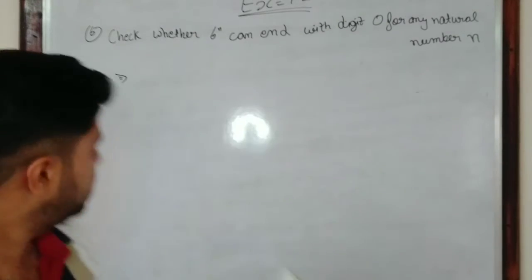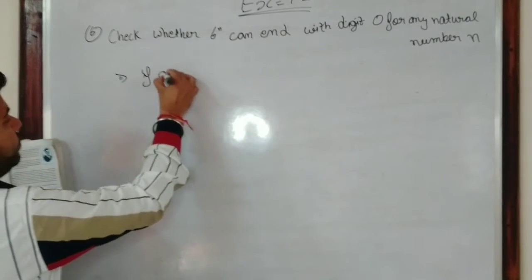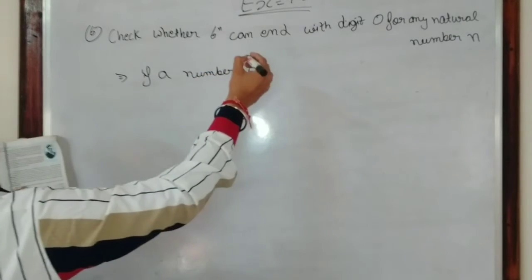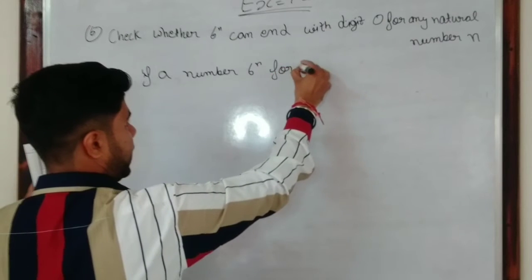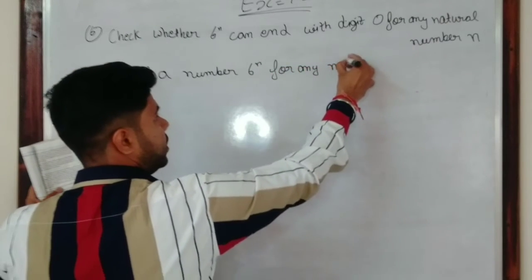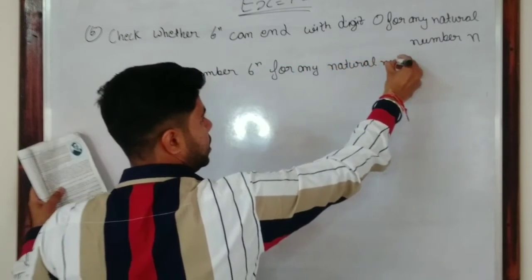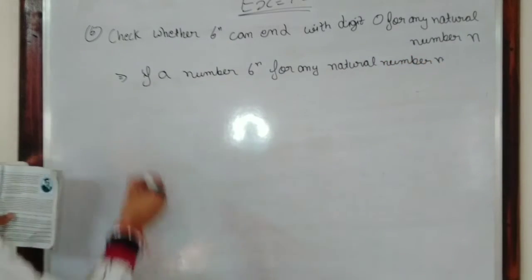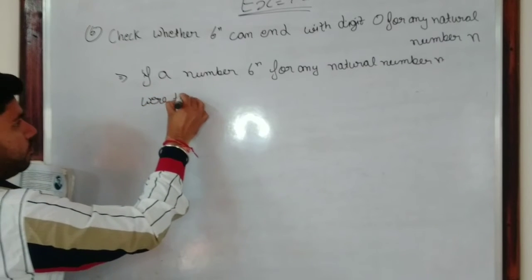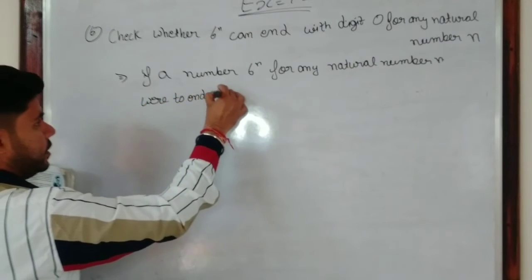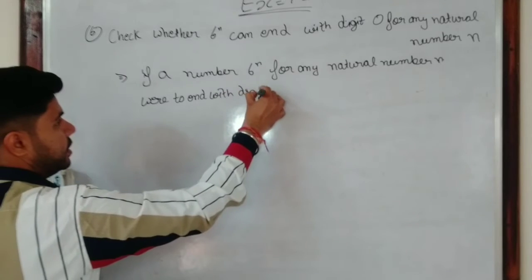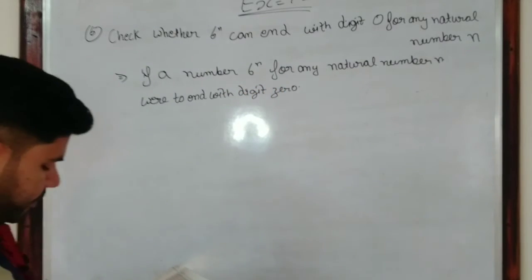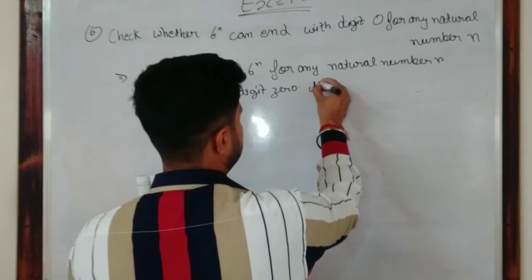If the number 6 raised to the power n, for any natural number n, were to end with digit 0, then it would be divisible by 5.